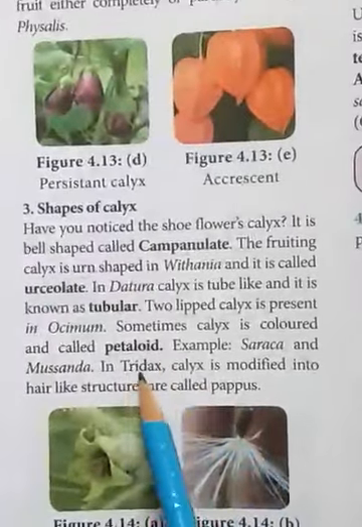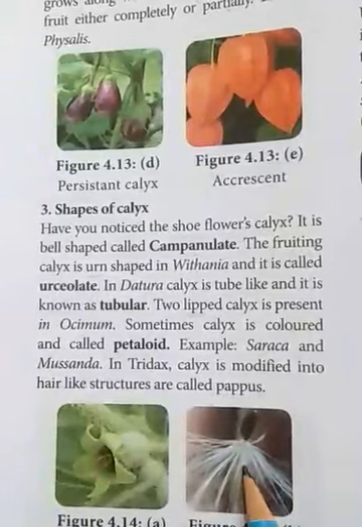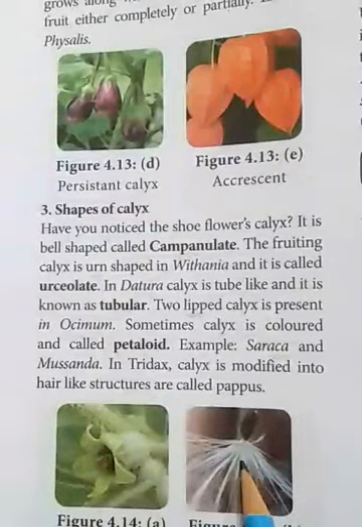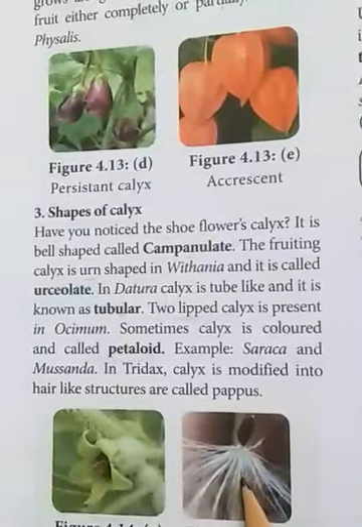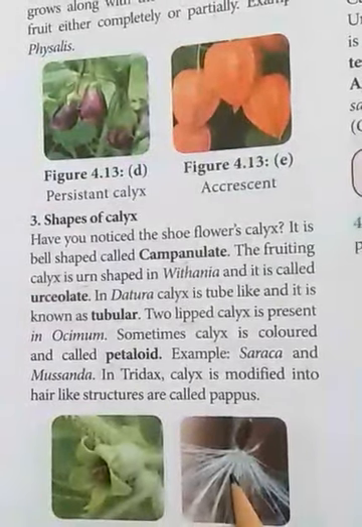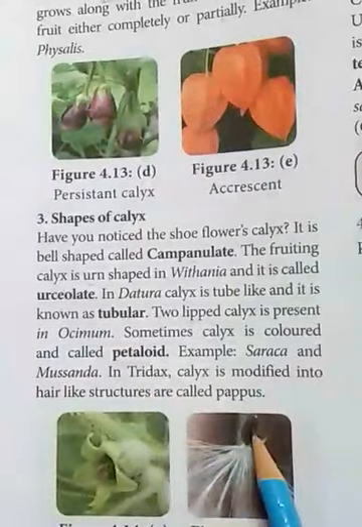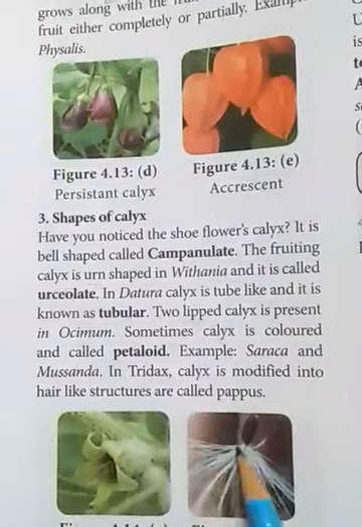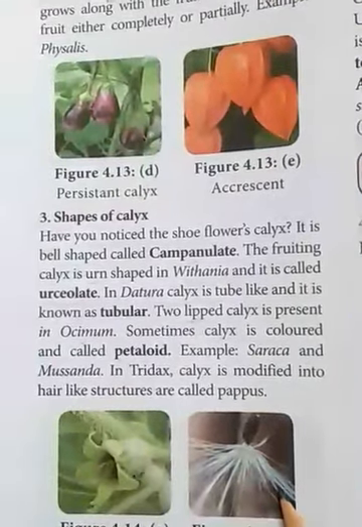Next, Tridax. Tridax, you might have seen, is a common plant. This one you have seen during the summer season. We commonly call it Tata Mudi. You might have seen the white hair-like structures flying in the air during the summer season. This is nothing but the seed of the Tridax. This is the calyx. The calyx is in the form of a hair-like structure.